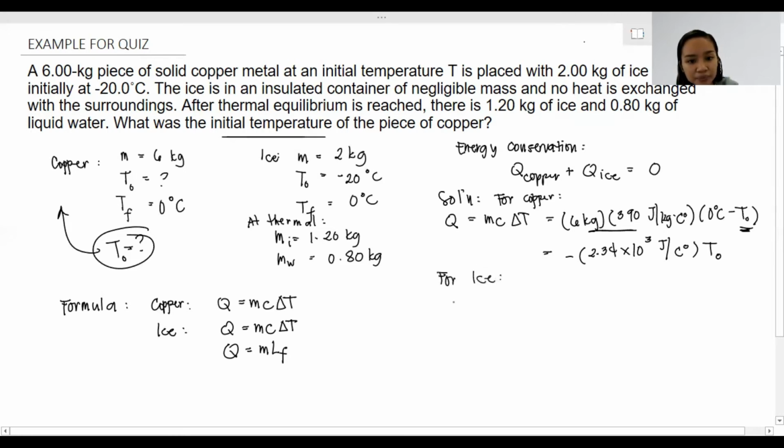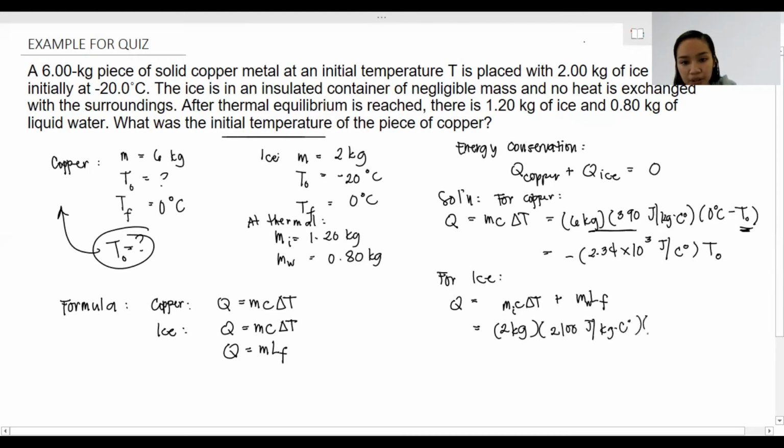So sa ice naman, we have both change in temperature and change in phase. So our total Q here, we have the MC delta T plus the MLF. Our mass here is actually our mass for ice and then our mass for the liquid water. So yung initial mass natin for ice, that is 2 kilograms times our specific heat for ice, 2,100 joules per kilogram degree Celsius.